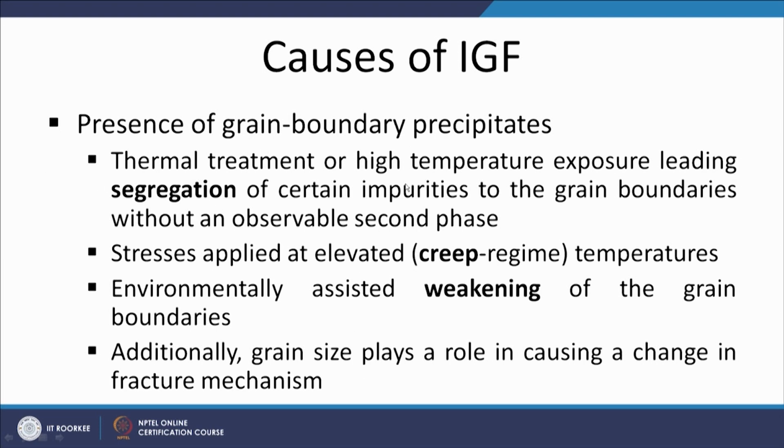This may happen in the following forms: thermal treatment or high temperature exposure leading to the segregation of certain impurities at the grain boundaries; stress applied at elevated temperature leading to grain boundary sliding; and environmentally assisted weakening of the grain boundary, like precipitation of some undesirable phases at the grain boundaries, which reduces their deformation capabilities, or encourages localized attack by the corrosive media, or void nucleation and growth.